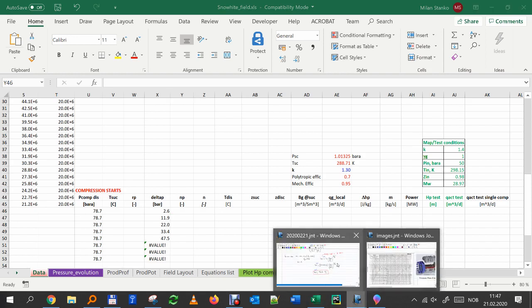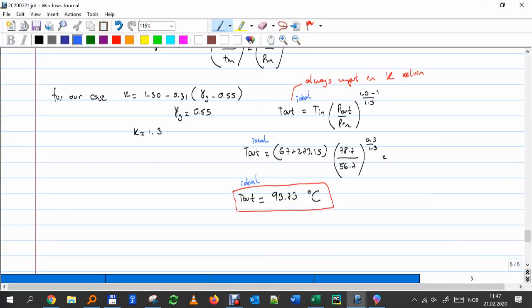Okay, you found the same number that I found? 93. Okay, I think in the exercise you have a constraint on the outlet temperature, I think.